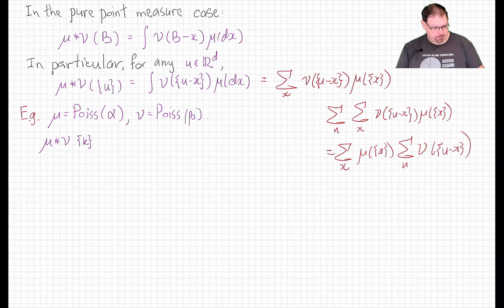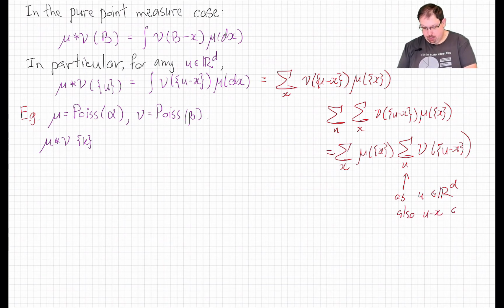Now for the inside sum, as u ranges through the full real space, this translate u minus x for this fixed parameter x also ranges through the full real space, because subtracting x is a bijection of Rd.